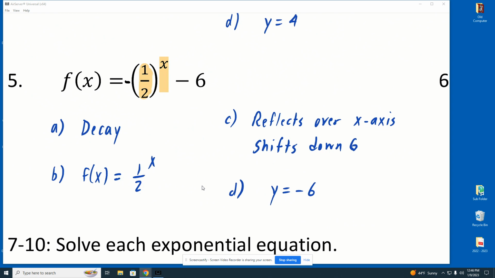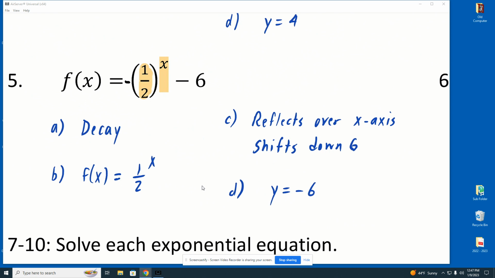But if there were no parentheses, it would look like x over 1. Not if you write it as a fraction. If I wrote it like 1 divided by 2 to the x, then I agree.